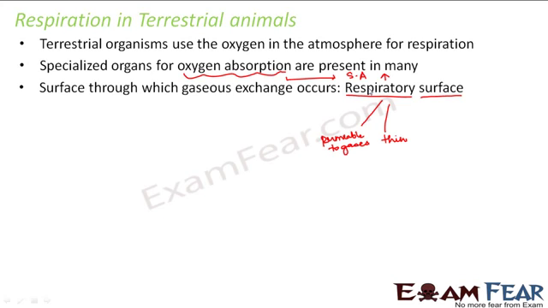Right? So you will understand how that way is done when we talk about the respiratory system in human beings. Therefore, a tube system is implemented to carry the air from the atmosphere to that particular organ. Right? So these are some of the features that a respiratory surface should have.